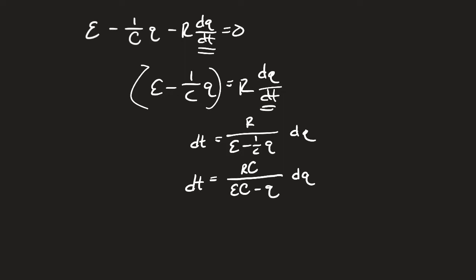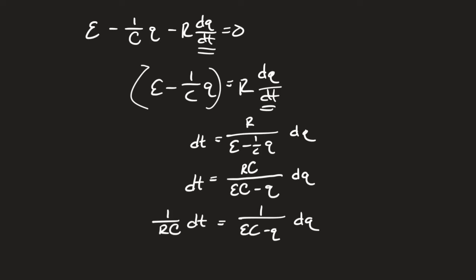Also, I'm going to multiply both sides by 1 over RC. That's going to have negative 1 over RC on the left side with dt, and 1 over EC minus Q on the right side. A lot of textbooks do it this way, and the point here is that in the future we know we're going to raise both sides to a base of E to get rid of a logarithm. So we're just getting this out there in front of that t nice and early.